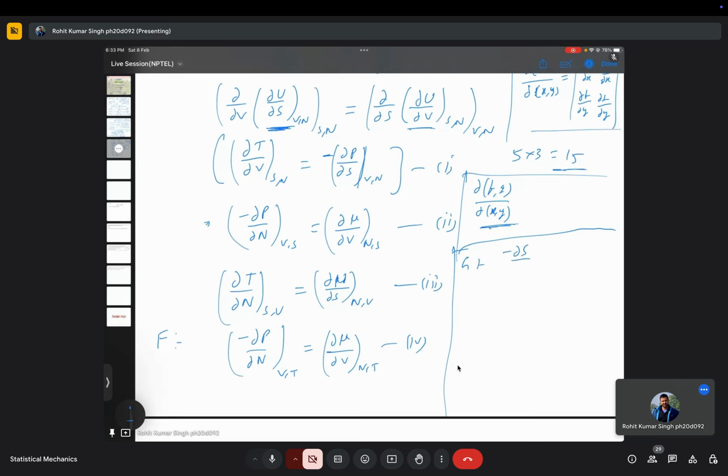This is this one. And one we get from the grand chemical potential, the grand potential, which is this.